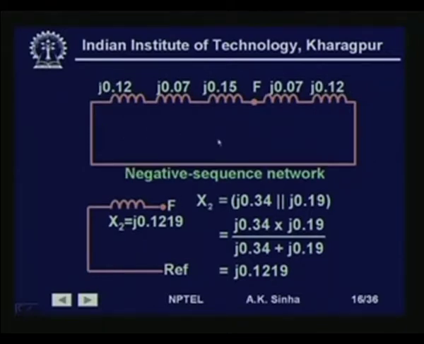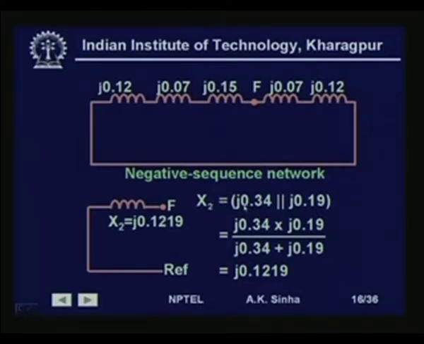Similarly, we can draw the negative sequence network where everything is the same except that there are no voltage sources for the generator or motor, because there are no negative sequence generating sources. So, this is a dead network, and between this fault point and the reference point we can again find the impedance for the negative sequence network.